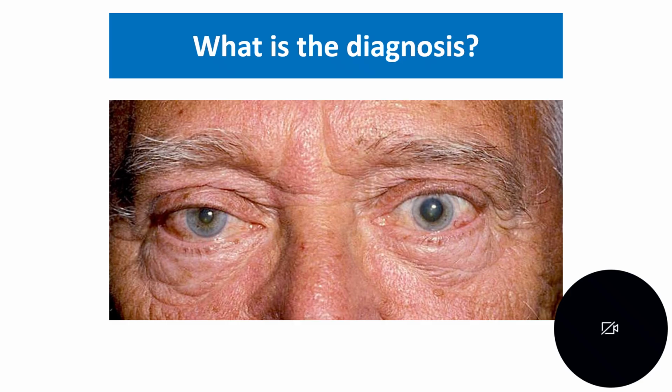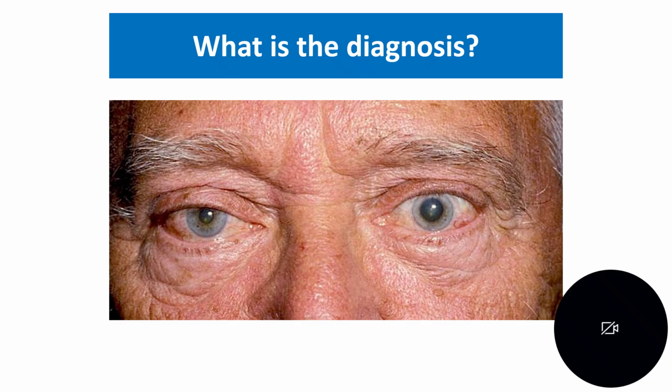What you can't see here is that the right side of the face is not sweating. The left side of the face is sweating. So the combination of unilateral ptosis, ipsilateral miosis, and anhidrosis is diagnostic for, yes, you're right, Horner syndrome.